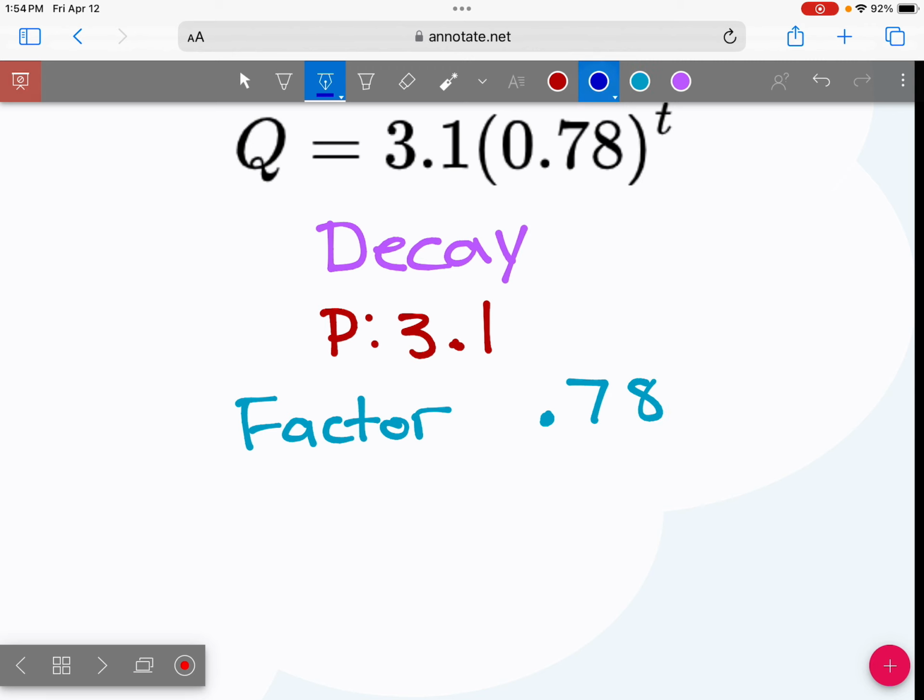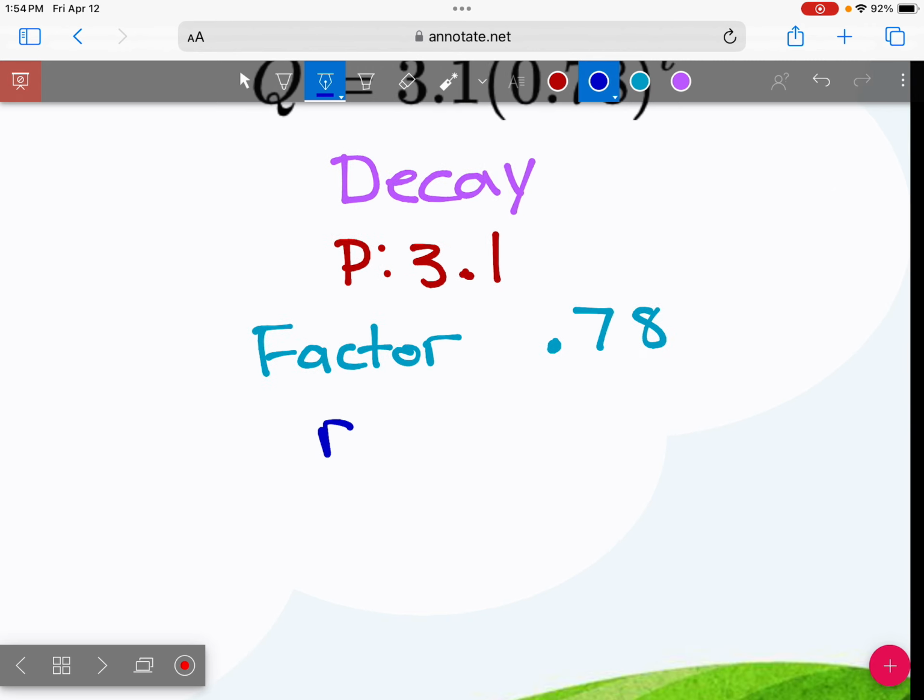This one's probably the hardest one on this one. What is our rate? I'm going to say it's what was subtracted from 1. It's 0.22. Or you can put it as 22%.